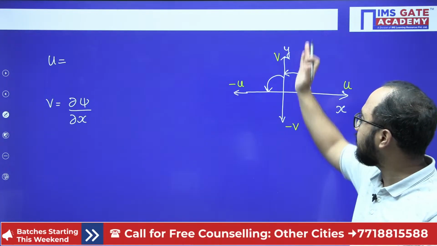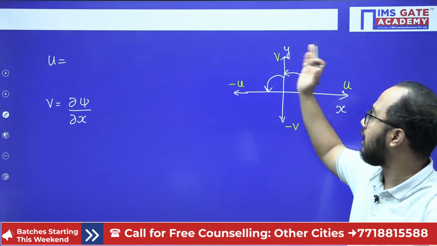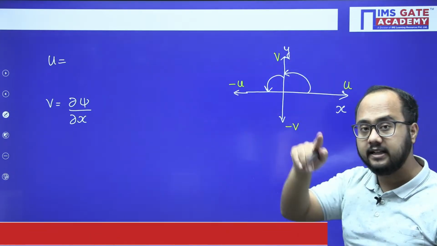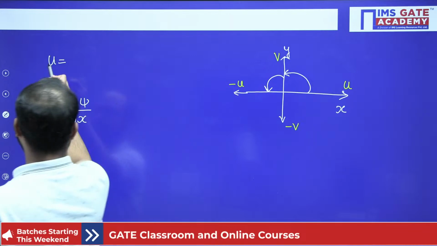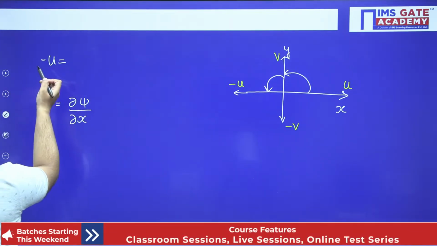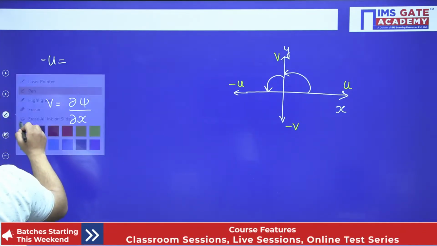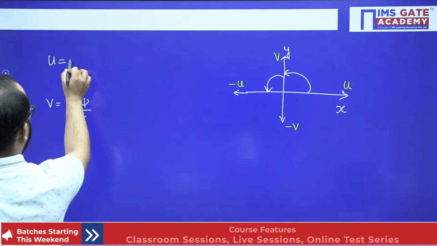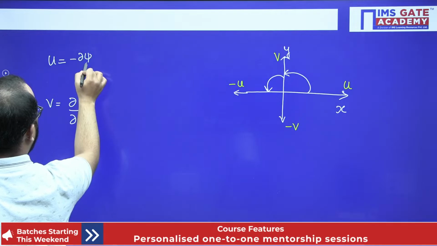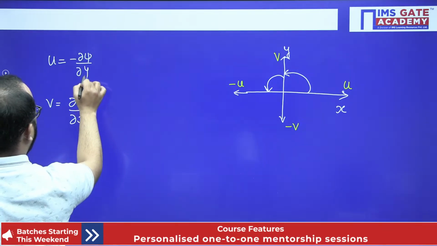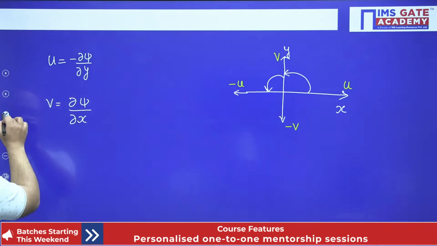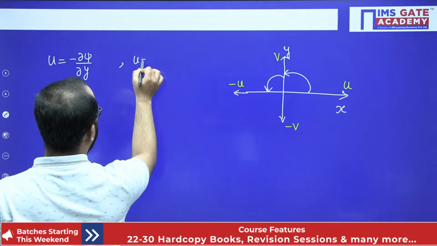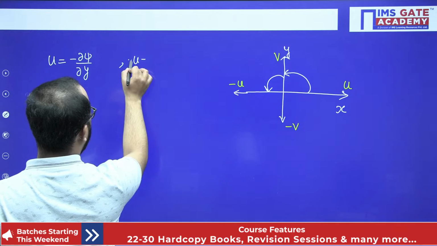We have taken the derivative of the stream function along y direction and we get the velocity at right angle, which is minus u. Basically we should write it like this: minus u equals to.